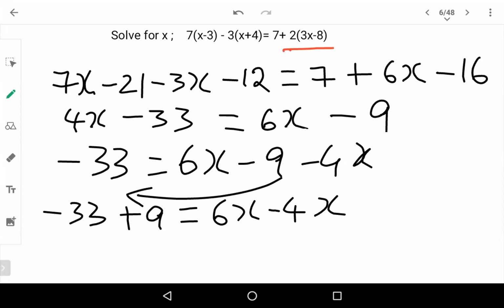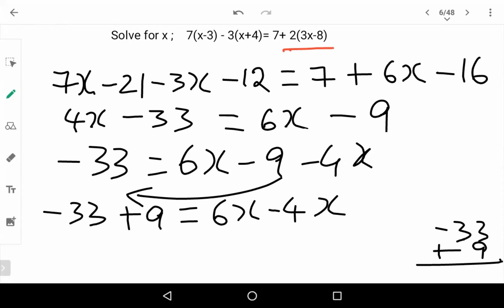So, minus 33 plus 9 means I have to subtract the numbers but keep the sign of the bigger number. Now, what is the sign of the bigger number? Before that, which is the bigger number out of 33 and 9? Okay, good, Anusha. 33.